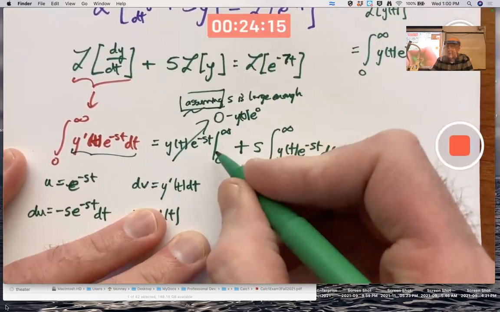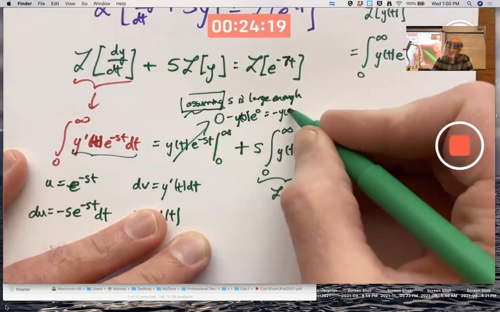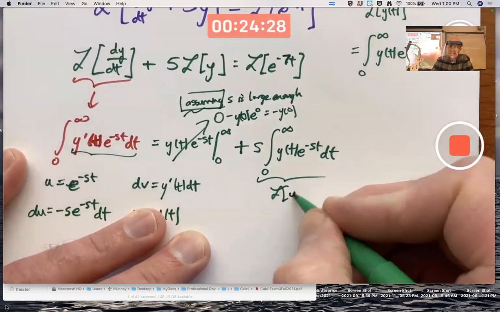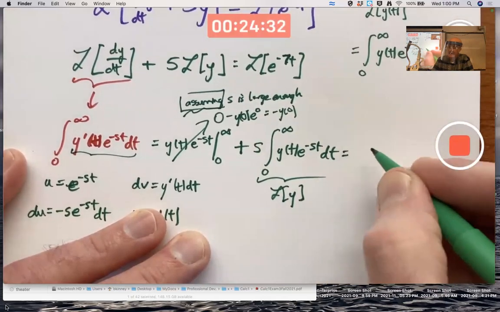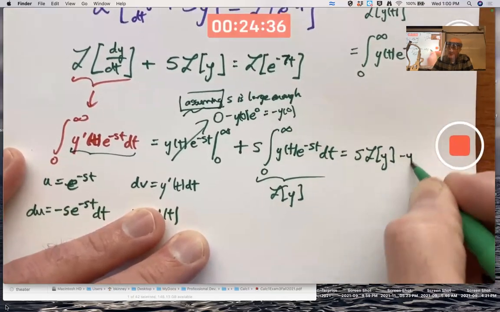But when you plug in 0, it's not 0. It's negative y of 0, actually. Sorry, that was a bad mistake. And this thing is L of y. So this entire thing now simplifies to S times L of y minus y of 0.